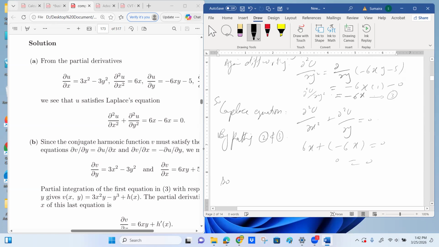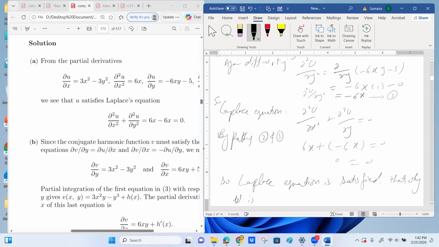So the Laplace equation is satisfied. That's why U is a harmonic function.